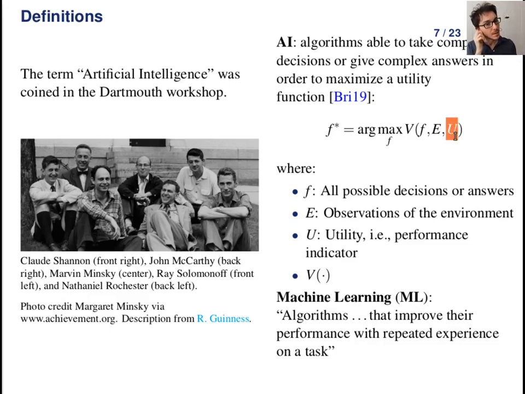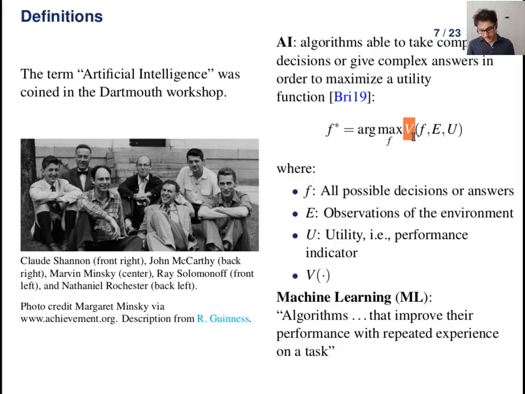That is represented by this U. And given that the environment is stochastic, so there is a lot of randomness relating the utility to the state of the system, it makes no sense to maximize the utility. You can only maximize the expected value that is represented by this V. Okay, so an AI algorithm is supposed to solve this difficult maximization problem.